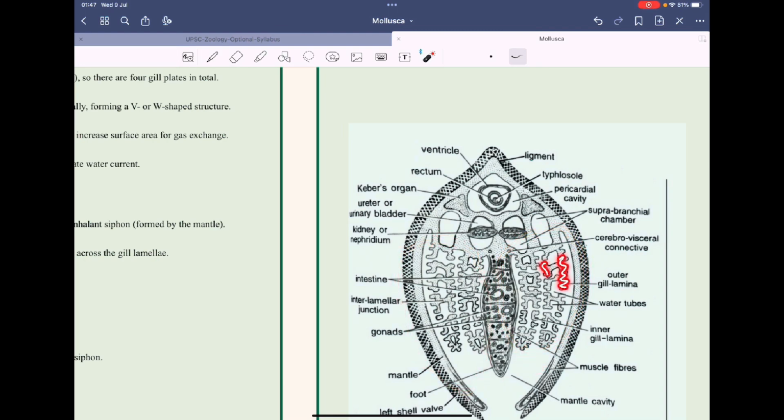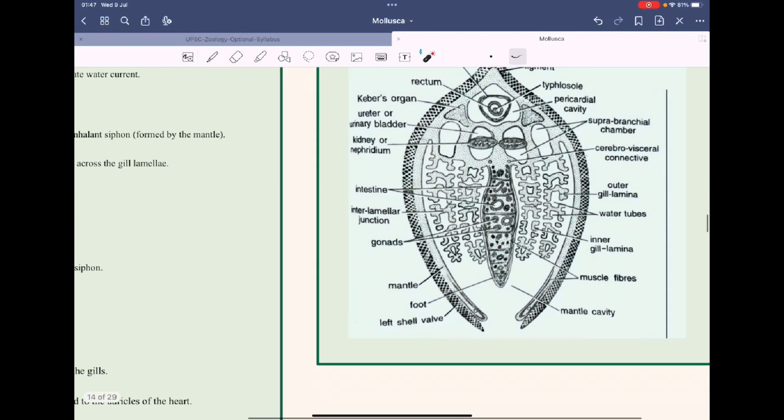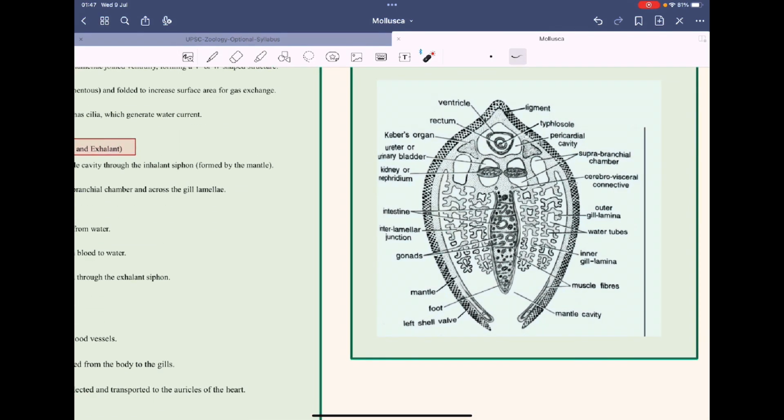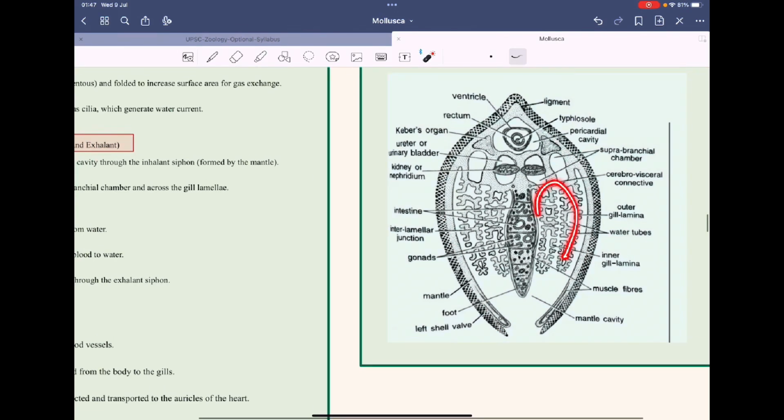Inside them there are water tubes, there is the inner gill lamina, and there is a chamber called the suprabranchial chamber. This is the basic understanding of how the gills are arranged inside the body. This whole is the shell, and this is the arrangement of gills inside the body.